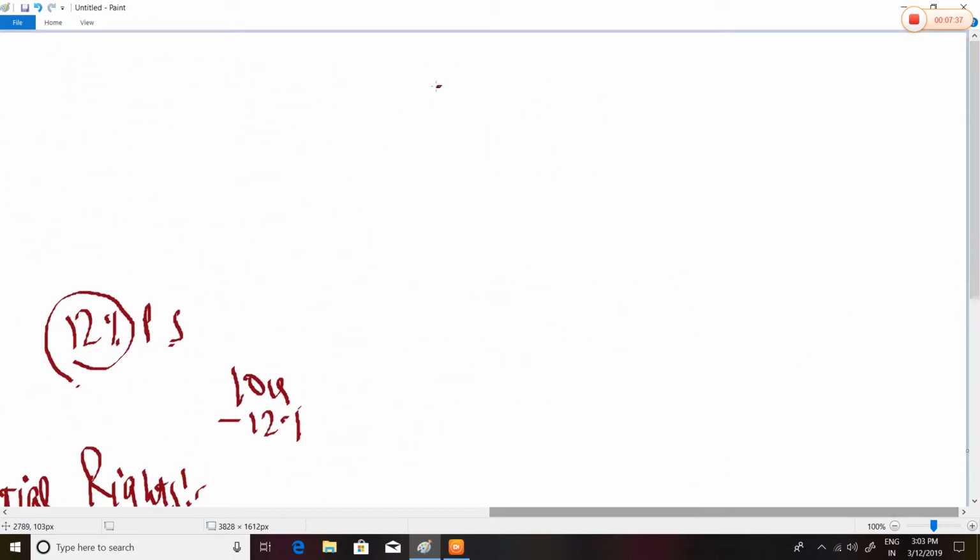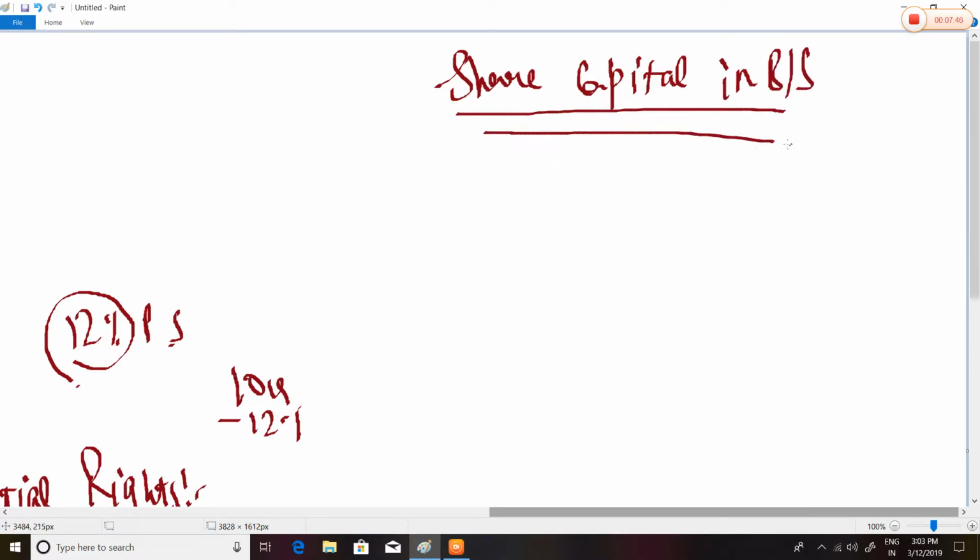Now, what would share capital look like in the balance sheet? The Companies Act has prescribed the form of the balance sheet. As you know, this is the balance sheet of a company.